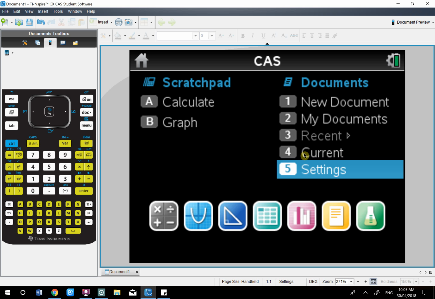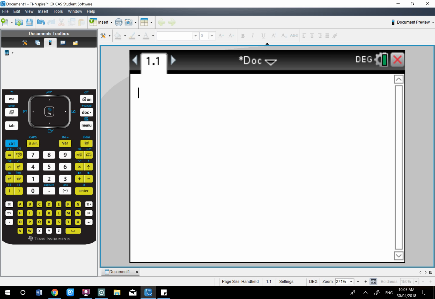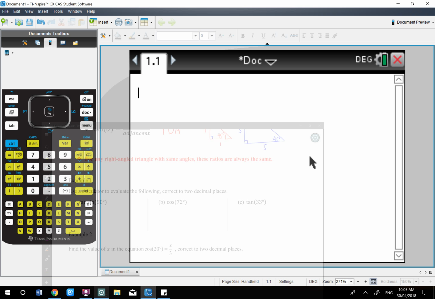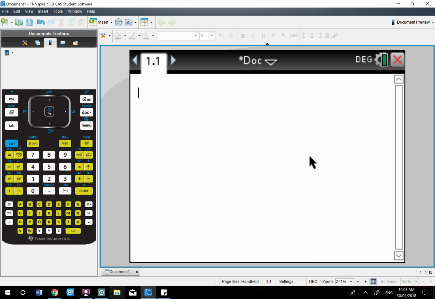Then I will go to number 4, and go back to the same page. Okay, sine 50 degrees. You see the degree unit on top? If you set it into degree mode, you don't need to type the degree anymore.